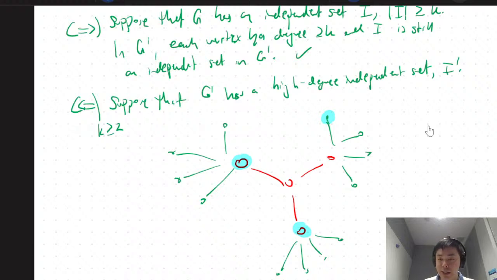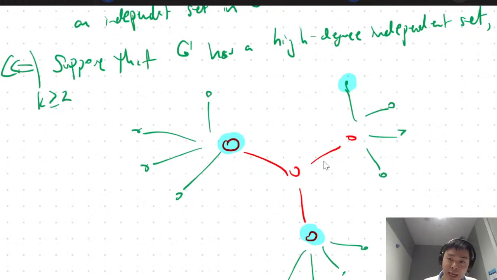Exactly. The green vertex has degree exactly 1. And here we're making the assumption that k is at least 2, because k equals 1 is trivial. So we can't pick any of the green vertices, because the green vertex only has degree 1.